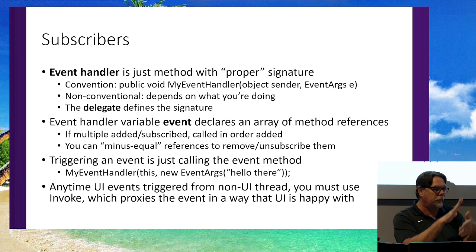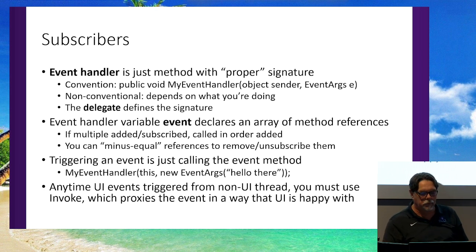So it's all the plumbing that happens to support these events. So when we trigger an event, it looks at that variable, and for each subscribed reference in that array, we call the method.